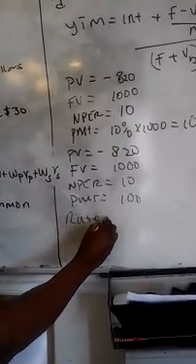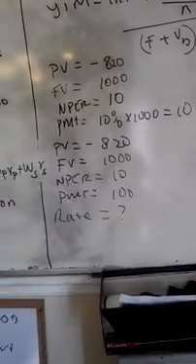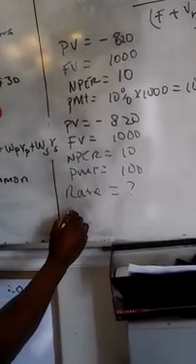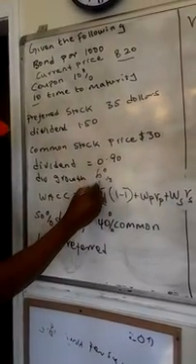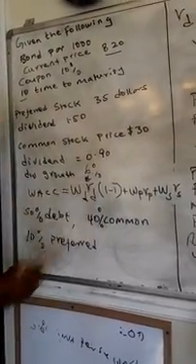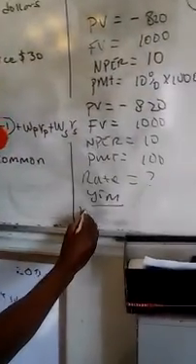When you solve for the rate, the number that you get here is the number that you're going to use as your yield to maturity. What does that mean? That means that's the number that you're going to use for your R, or the cost of debt.